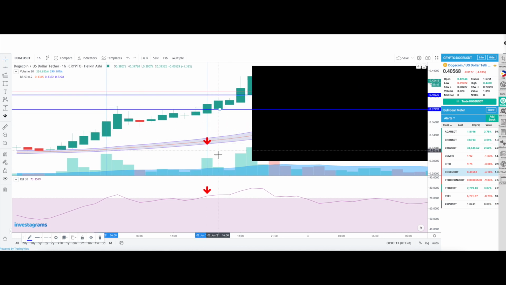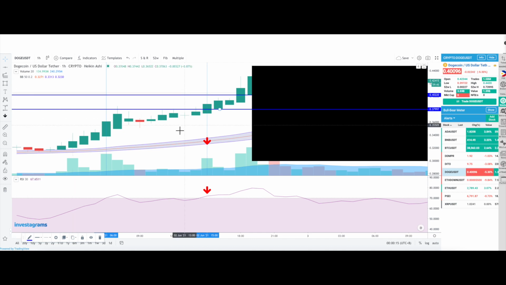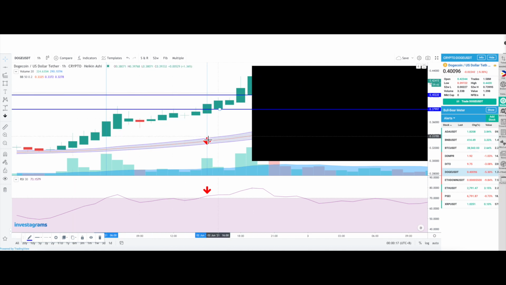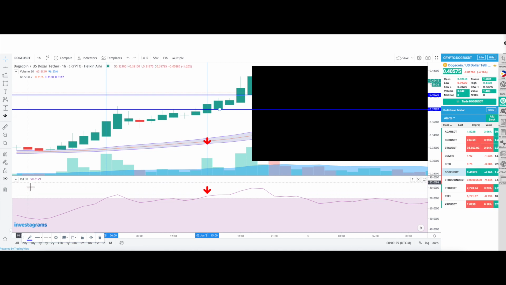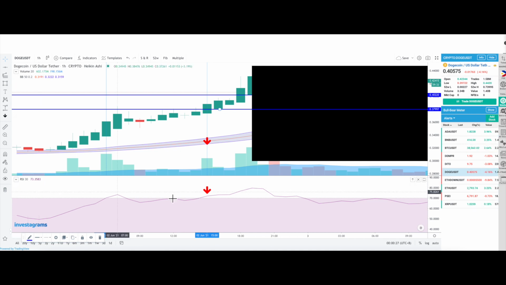In this case, let's say you executed a buy order in the middle of this candle, which is 0.37997. And obviously rule number one, we said that we need to have a chart that is above this BB50 line, and then it should read 72 on an RSI with a length of 30. Now we enter at the 72 mark in this particular candle, and then we only exit at 76 or 77.